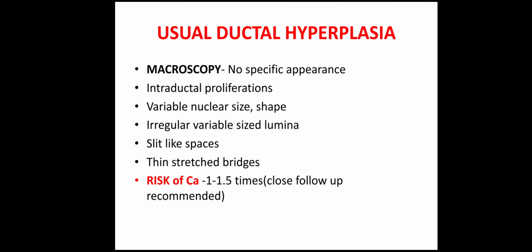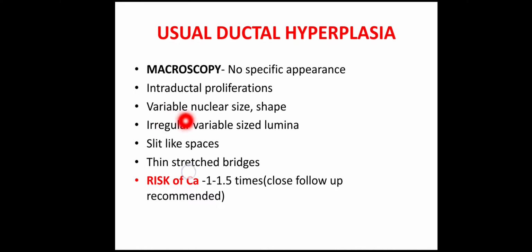Now first we come to usual ductal hyperplasia. So this is the first lesion of benign proliferative precursor lesion. Macroscopically or grossly there is no specific appearance of UDH. There is intraductal proliferation of the epithelial and myoepithelial cells inside the duct.